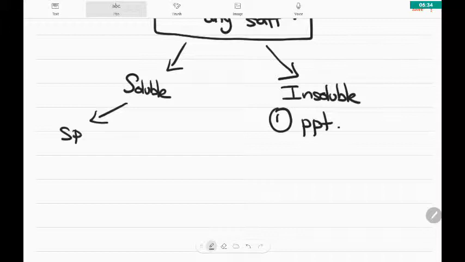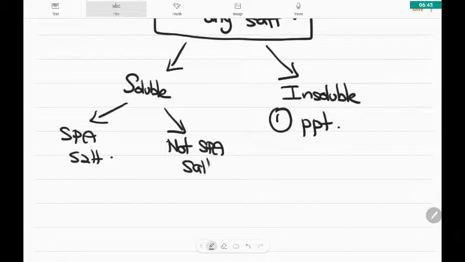Is it a SPA salt? Or is it not a SPA salt? Alright, so I hope by now you could understand that SPA here actually means sodium, potassium and ammonium. So if it's a SPA salt, we would use titration.